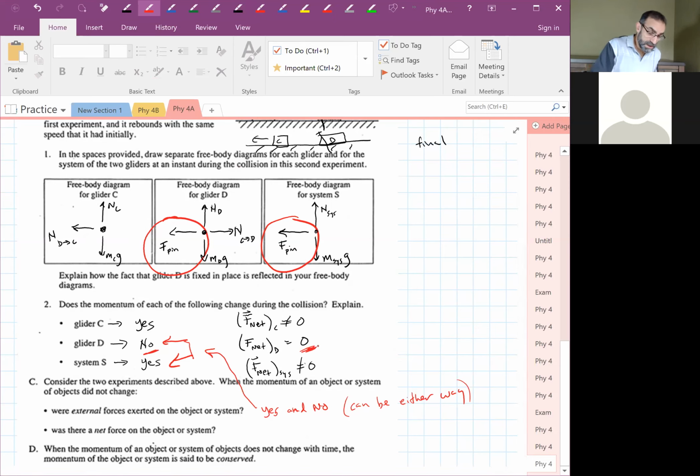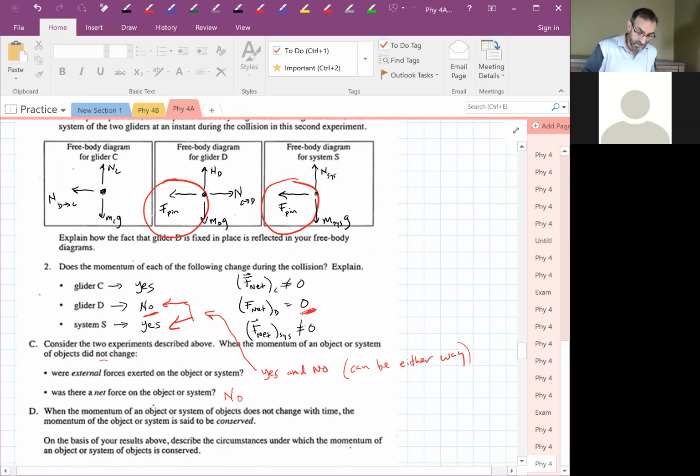So for this one, when the momentum did not change, there was no net force on the system. Every time.